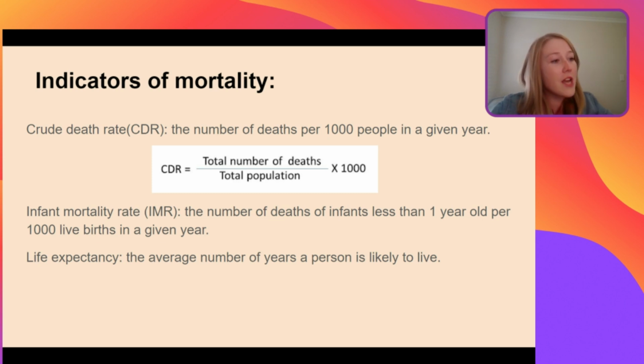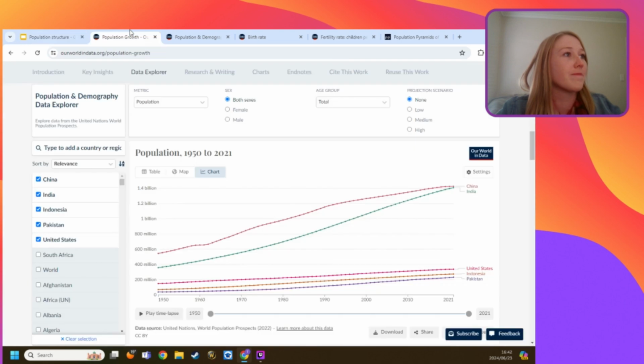Okay, and then life expectancy is how long someone or a population is expected to live. So how old they're expected to get, obviously in a given country at that time. Let's see if we can find these things on our Walden data.